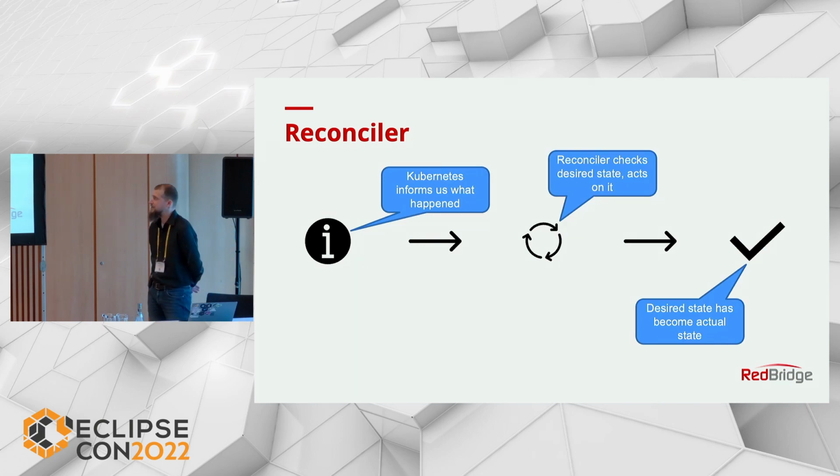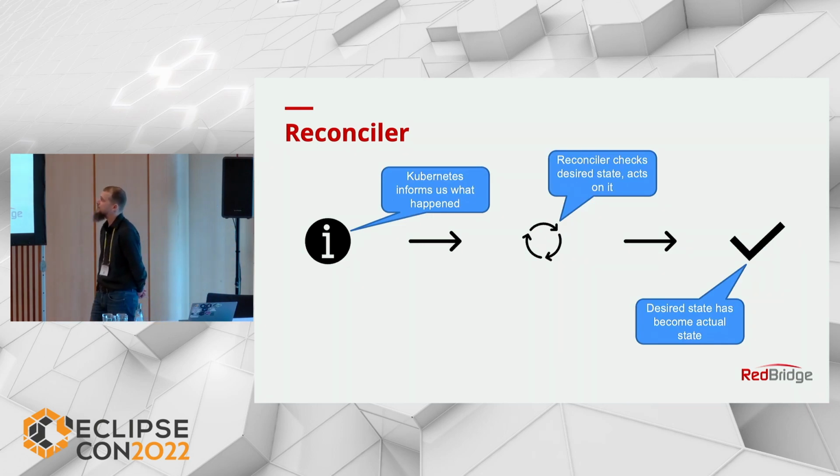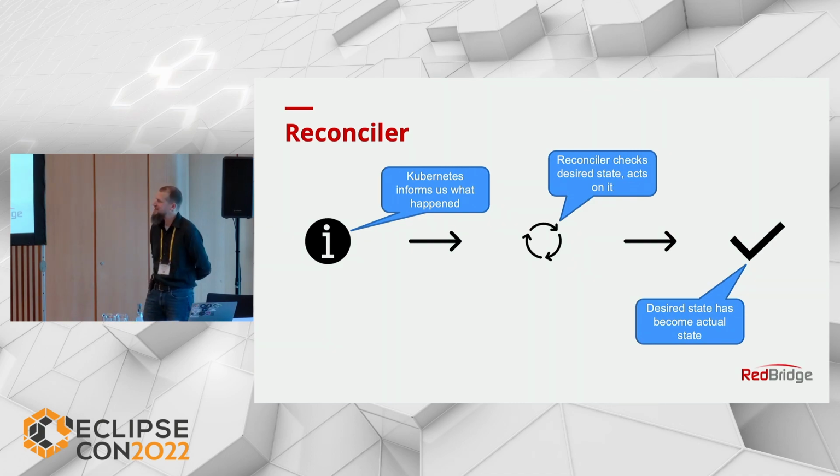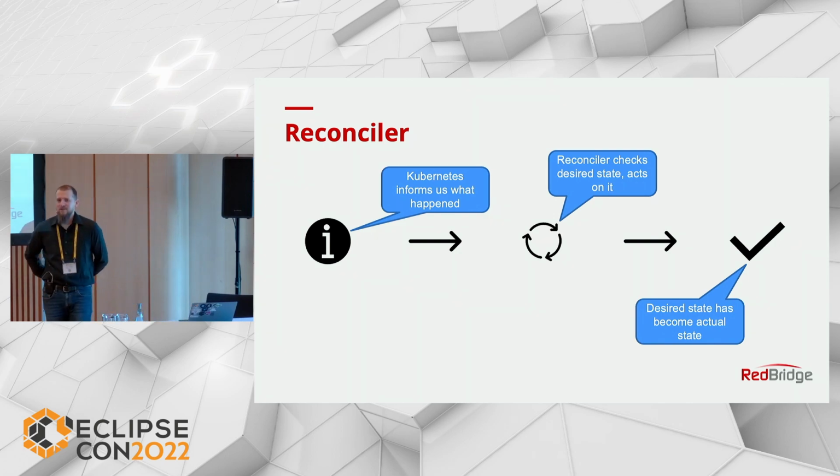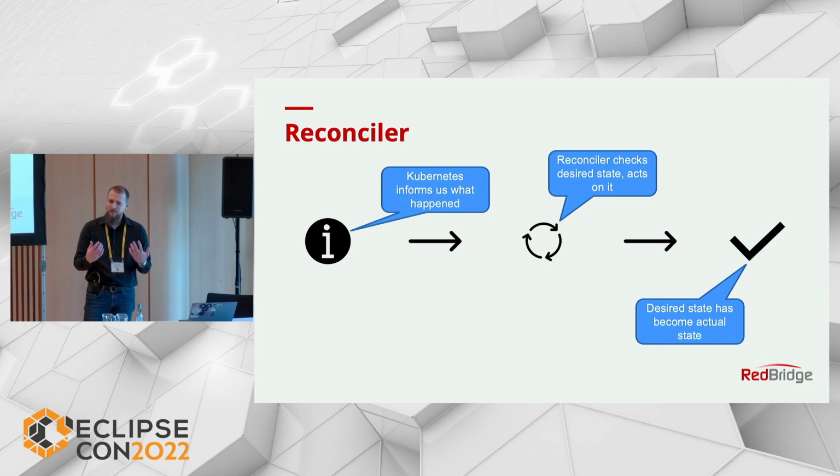So let's look at the Reconciler a little bit more in depth. And I see Mark here, who is like a professional when it comes to Kubernetes clients. He will probably say this is not entirely accurate, but it's an easy way to explain. We ask Kubernetes, we want it to list, for example, a pod.